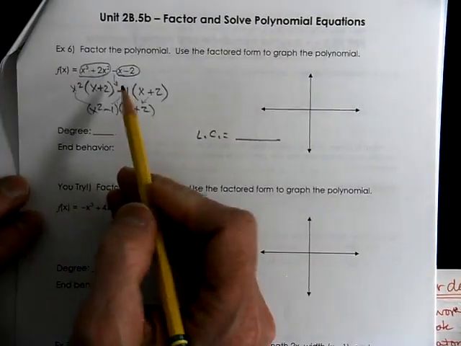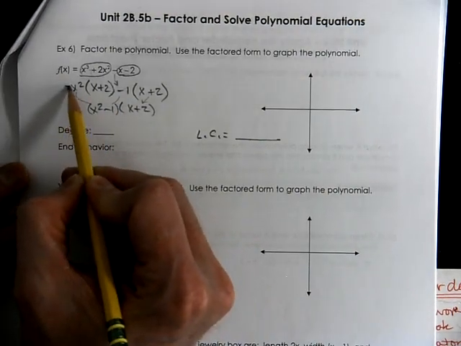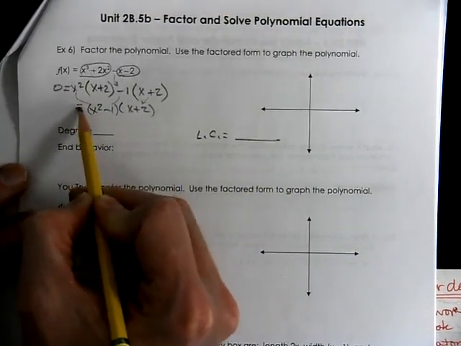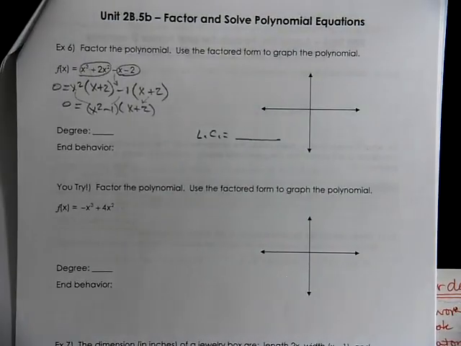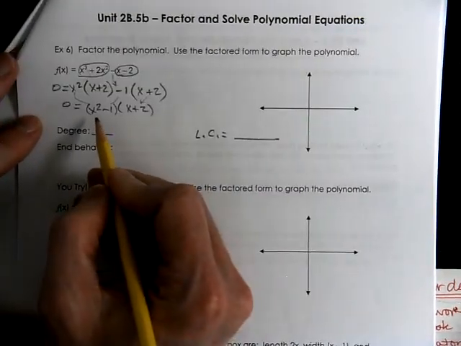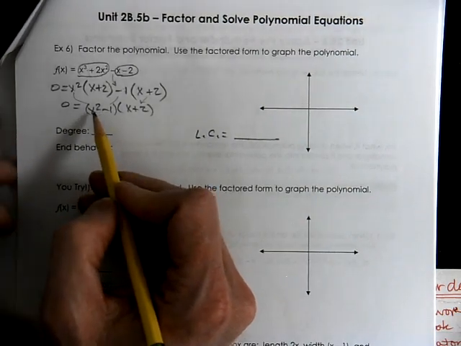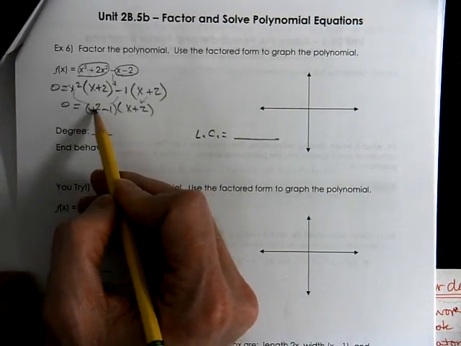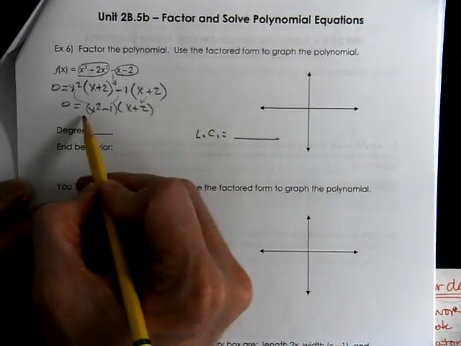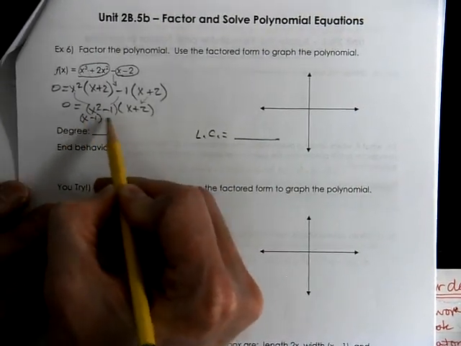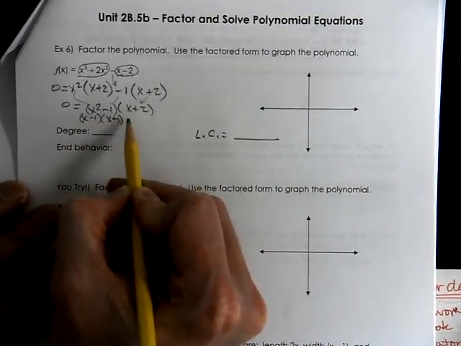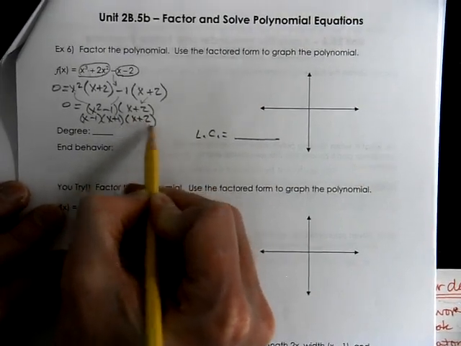Now, since we're trying to find the zeros, we would say f of x is 0. In our equation, we'll use the zero product property to help solve for that. I have the difference of 2 squares here, so that can actually be factored one more time. So we can factor this completely.